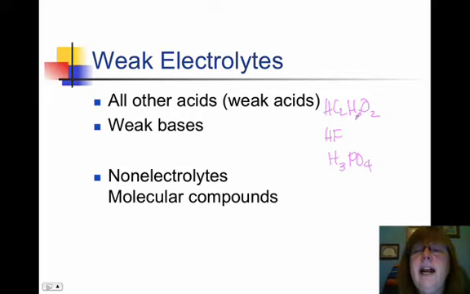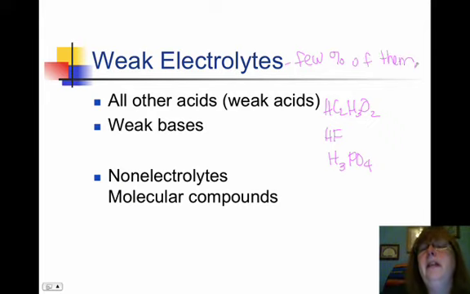So most of that acid stays together, and a small percentage of them will ionize. That's why they're weak electrolytes. So we could say a low percentage of them dissociate. And again, the way they dissociate is the same way as a strong acid dissociates, which is having that H+ or the proton come off.